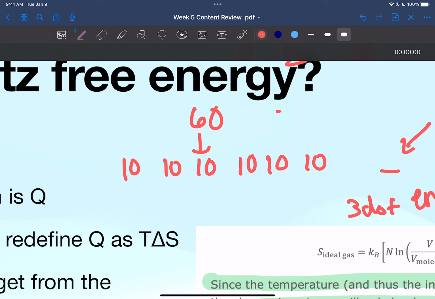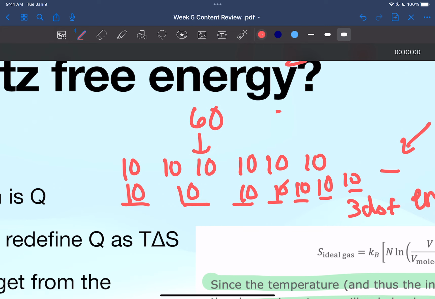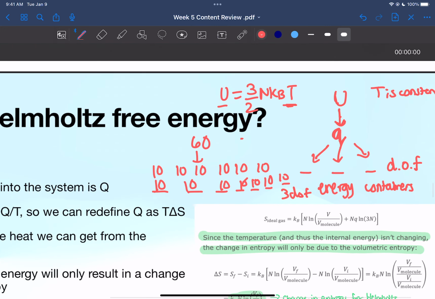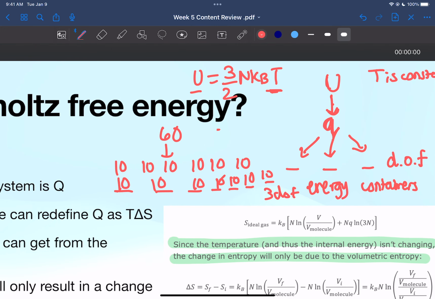At a higher temperature, I might have opened up more degrees of freedom. Usually we're dealing with 3, 5, or 7. So let's say maybe I had 3, 4, 5, 6, 7, to where I have 10 in each. So higher temperature opens up more ways I can distribute the energy, more degrees of freedom, increases my internal energy, and can increase my energy blocks.